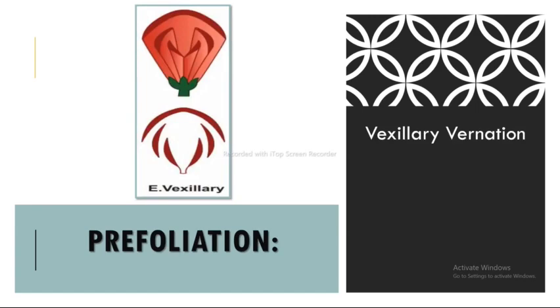So next type is the Vexillary Vernation. In this type of imbricate vernation, it is no doubt a type of imbricate vernation.